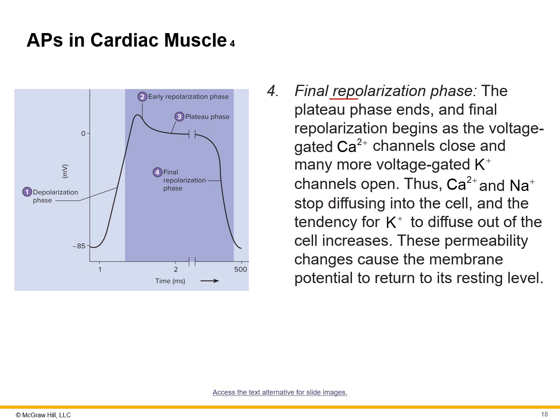Then we do get that final repolarization. So final repolarization begins whenever those calcium channels close, many more of the voltage-gated potassium open. So now calcium stops coming in, sodium can move out, and we get that resting membrane potential restored.